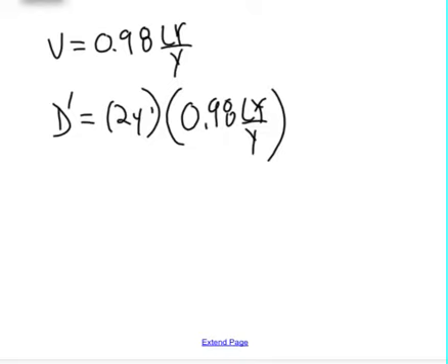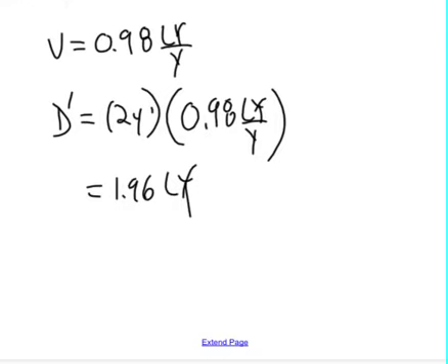They actually traveled 1.96 light years in the 2 years. So as a result, they don't think they actually traveled that far because their distance was contracted compared to what the Earth thinks the distance was.